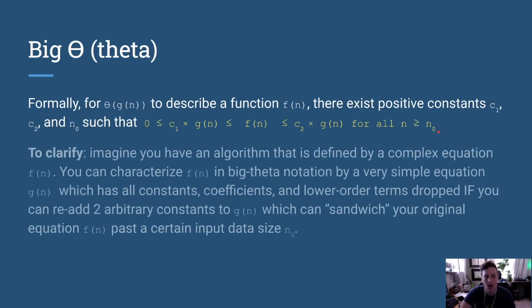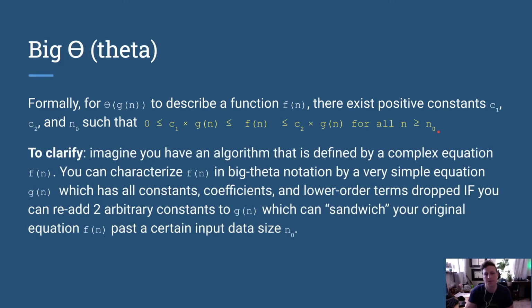Okay, and what does this mean? Basically, all this is saying is that, let's say I have some complex equation here, but the highest order term is an n, just like we were talking about before, where I had 50n plus 1,000.